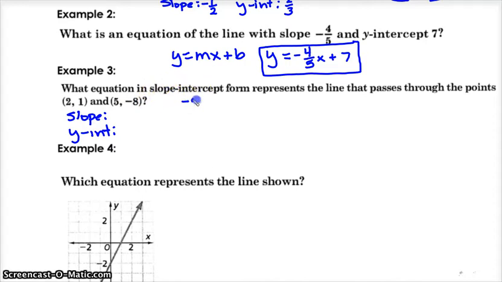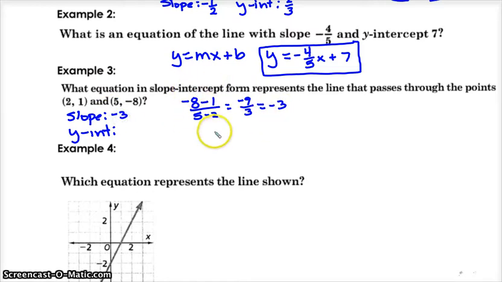So that'll be negative 8 minus 1 divided by 5 minus 2. Negative 8 minus 1 is negative 9, and 5 minus 2 is 3. That simplifies to be negative 3. So my slope here is negative 3.